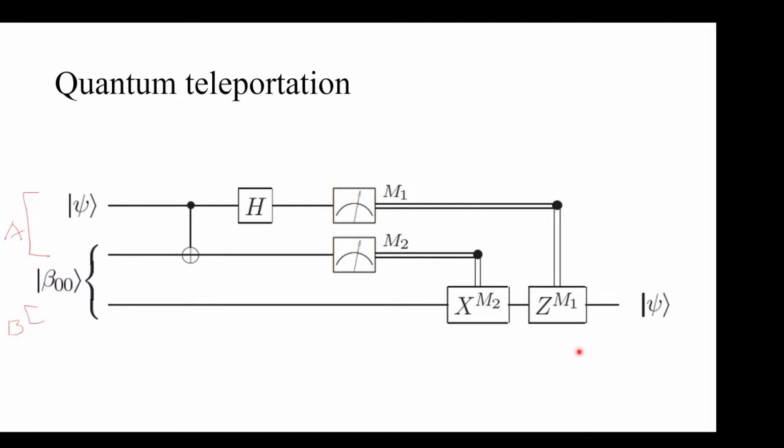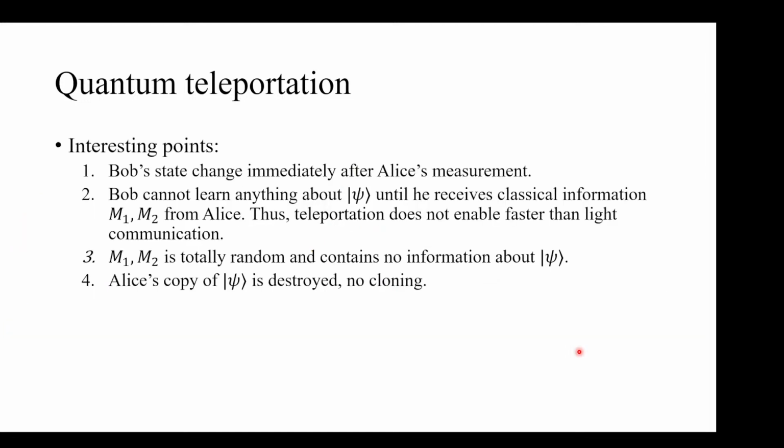Okay, so that's the protocol, and I want to finish by giving some high-level points on quantum teleportation. The first thing is something that makes physicists think the protocol is kind of weird.